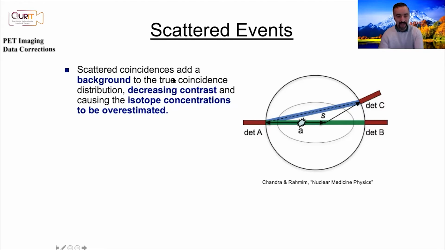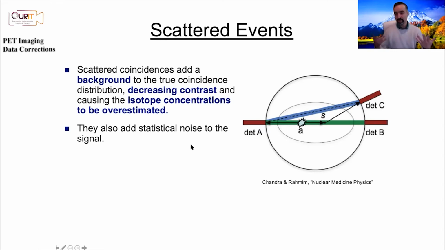And scattering adds somewhat of a background to the true coincidence distribution. It ends up making your images have lower contrast. There's this background that is being added, and assuming you have corrected for attenuation, you end up overestimating things because there are these new events that you weren't expecting. And also they add noise. Why? Because anything we detect is Poisson distributed.